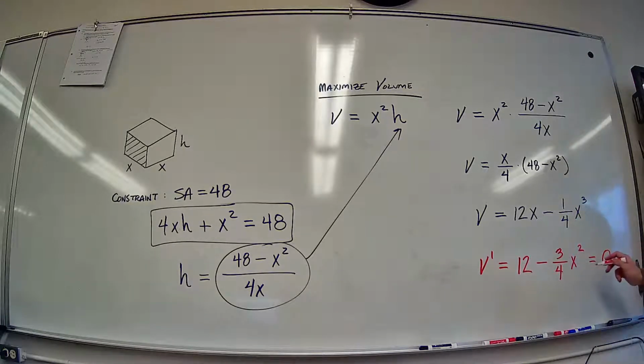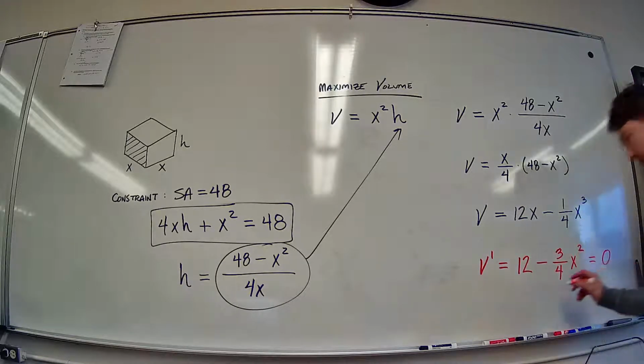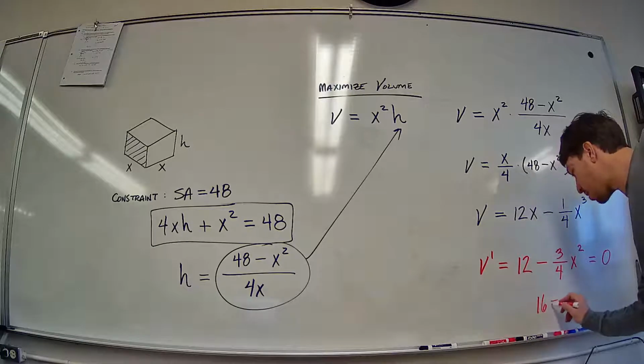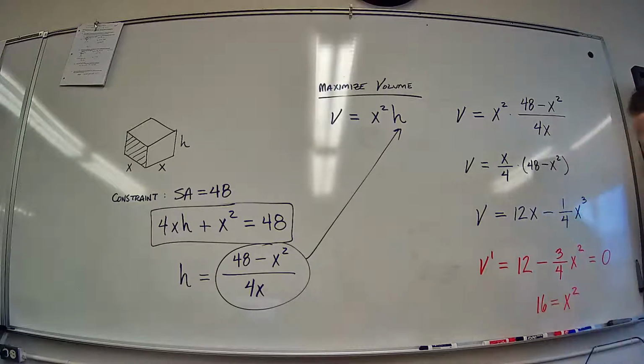If you solve this and multiply both sides by 4/3, you end up with 16 equals x squared, which means x has to be 4.